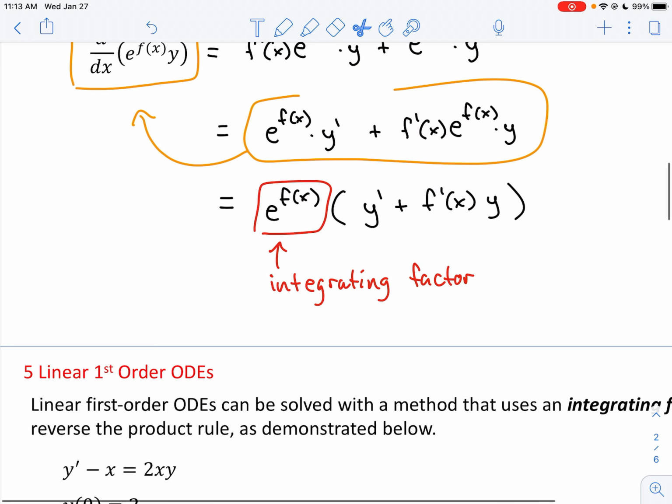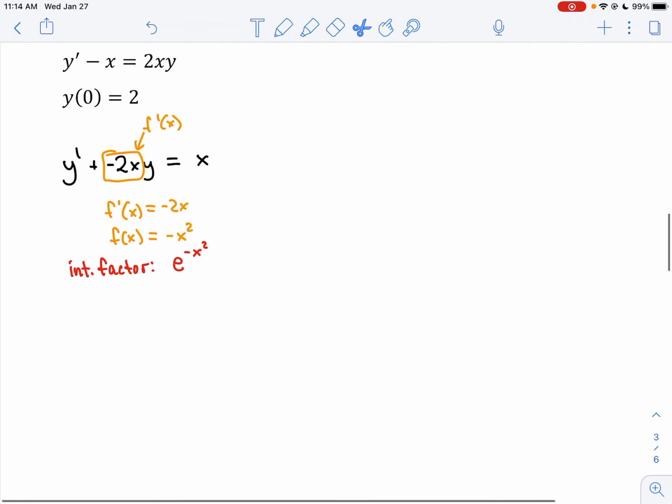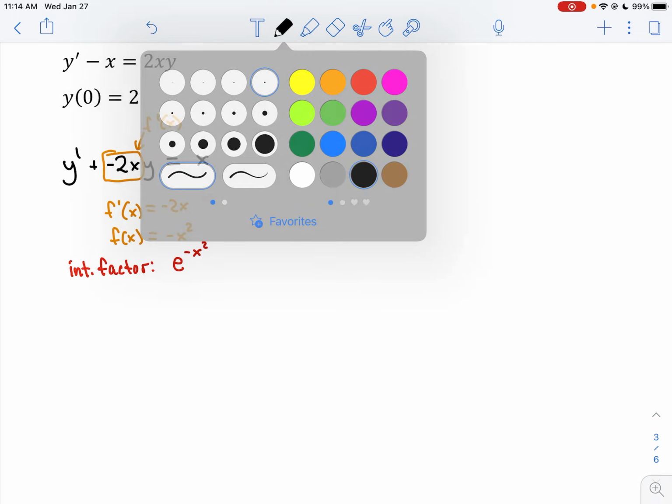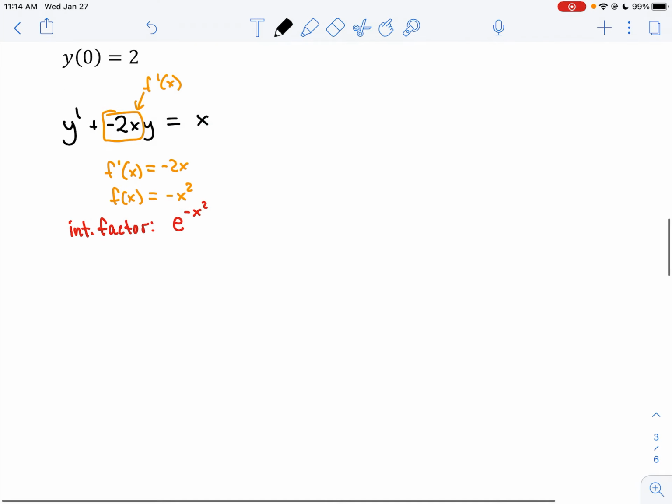Okay, so we have this structure in place, and we've just determined what the integrating factor is. Now we want to multiply this component by the integrating factor and distribute it so it looks like this so that I can use the reverse product rule. So I'm going to multiply both sides of my ODE by the integrating factor. I'm going to first rewrite it. I'm going to put the minus back there, so instead of plus a negative, minus 2xy is equal to x.